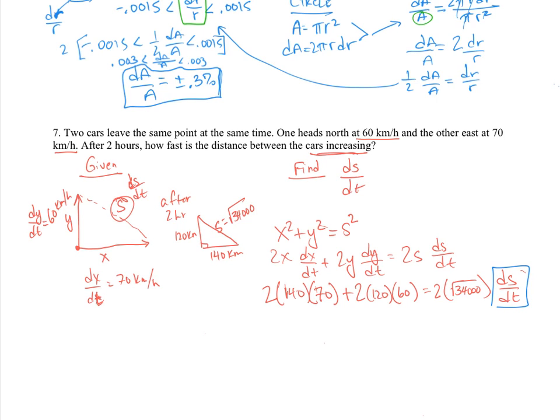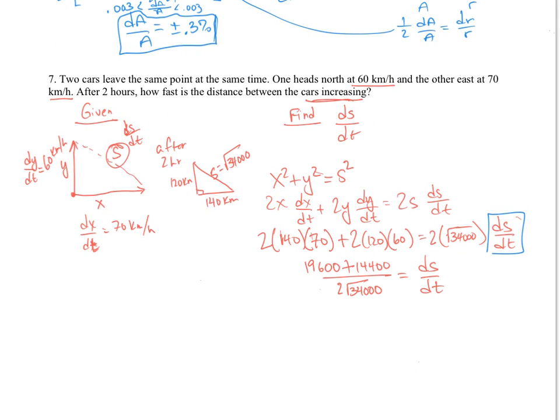Alright, cleaning all this up, again sparing you the formalities, I will end up with 19,600 on top plus 14,400, all divided by 2 times the square root of 34,000, which will be my ds dt. Okay, let's go ahead and simplify all that down.